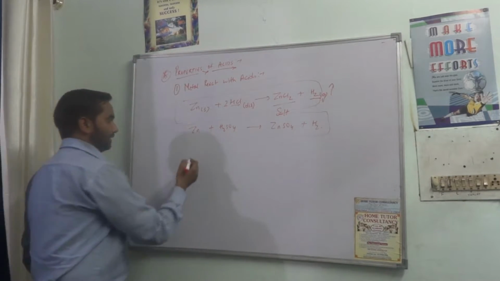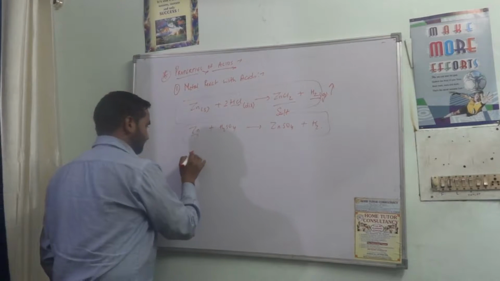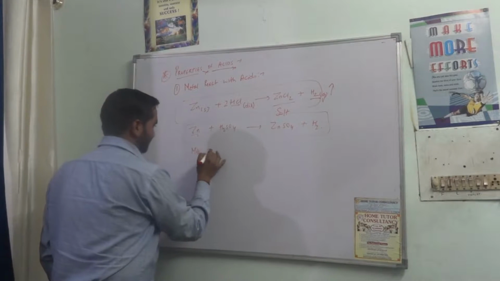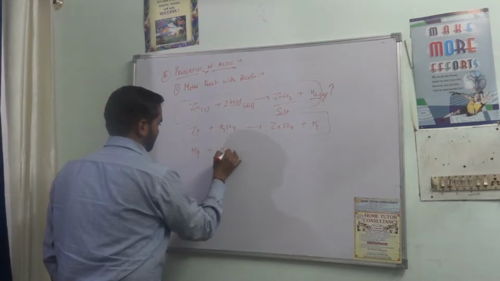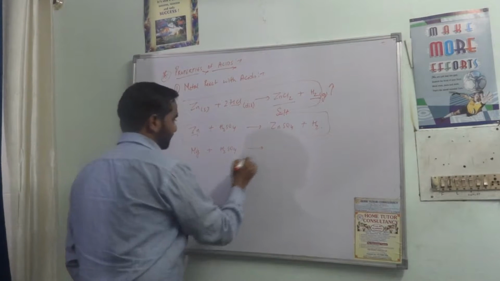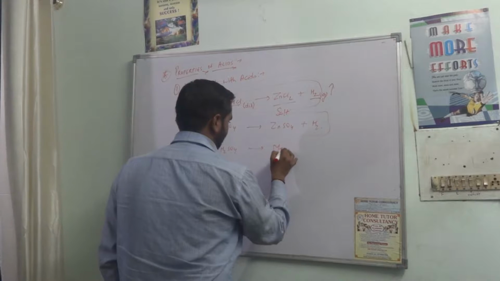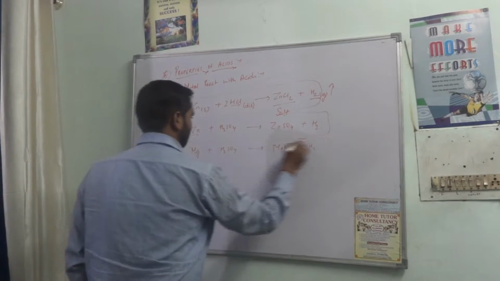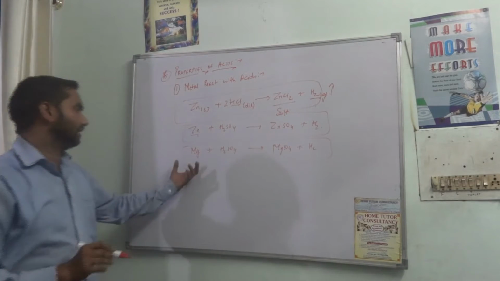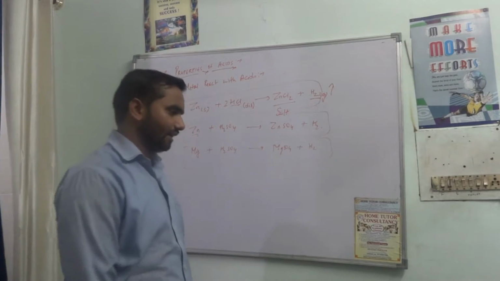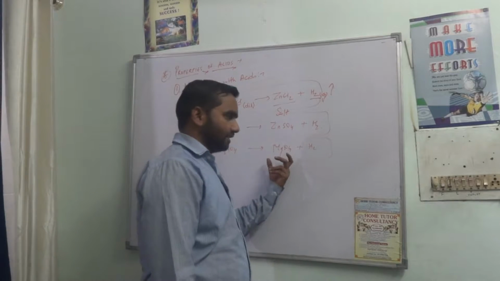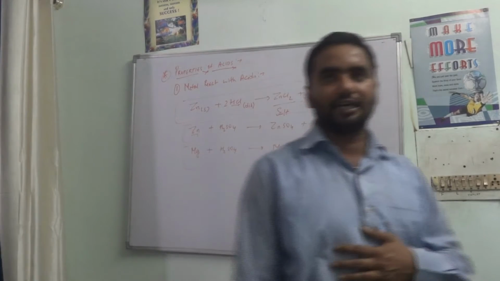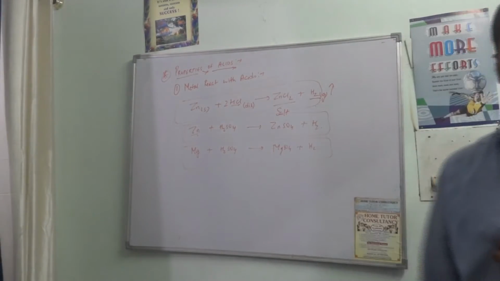In the same way, if I add magnesium plus H2SO4, it produces MgSO4 plus H2 gas. When magnesium metal reacts with dilute sulfuric acid, they produce magnesium sulfate and hydrogen gas evolved in this reaction.